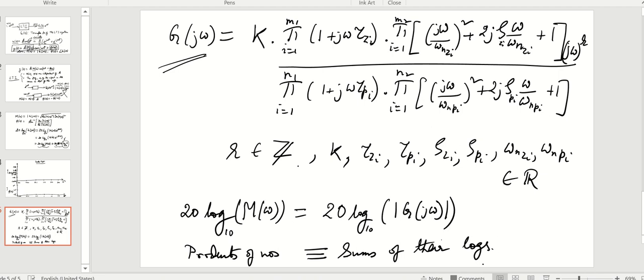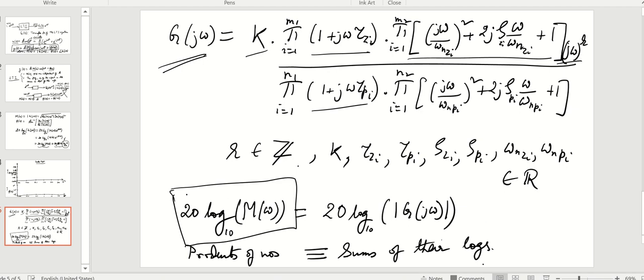What sort of building blocks? Building blocks such as terms like these, or terms like these, or terms like these. So if in theory we know what the magnitude functions corresponding to these building blocks look like, then we can technically add them or subtract them, as the case may be, because products are sums, quotients are differences.